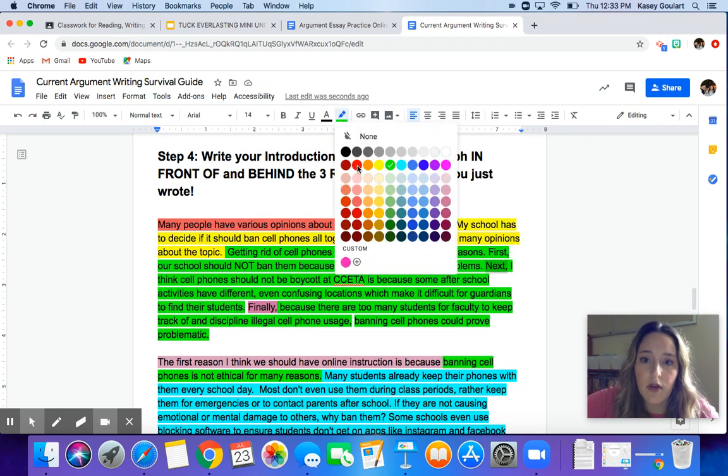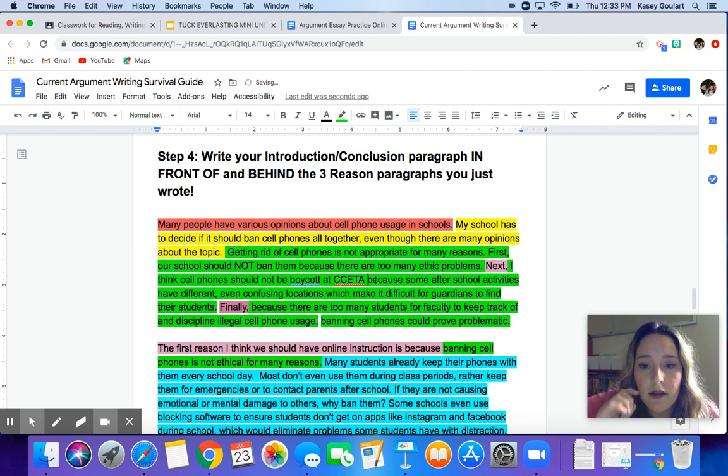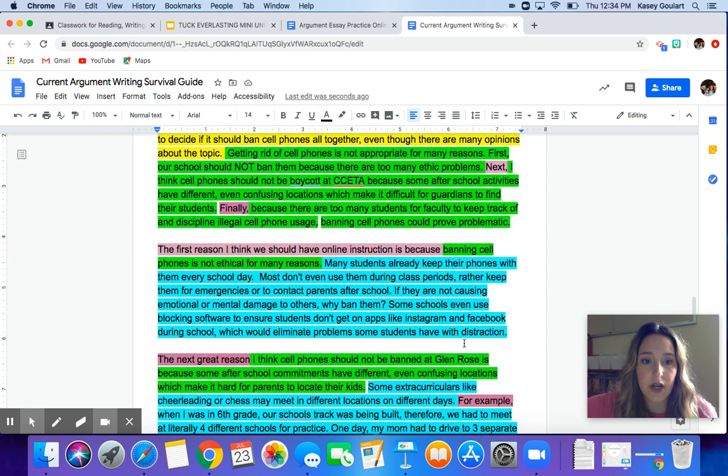Next, purple. I think cell phones should not be boycotted at CETA because some after-school activities have different, even confusing locations. Good. That's a compound sentence, finally, because that's my complex sentence. Good. So I've got a ton of different types of sentence structures in the same paragraph. Awesome. Moving on to our first reason paragraph.